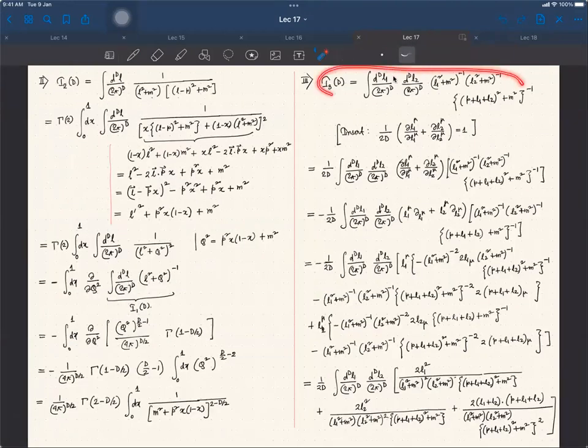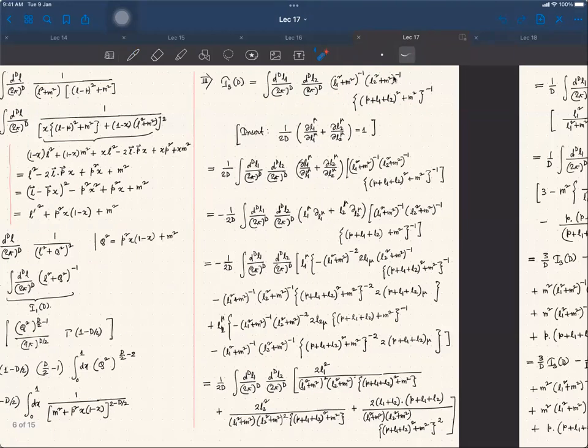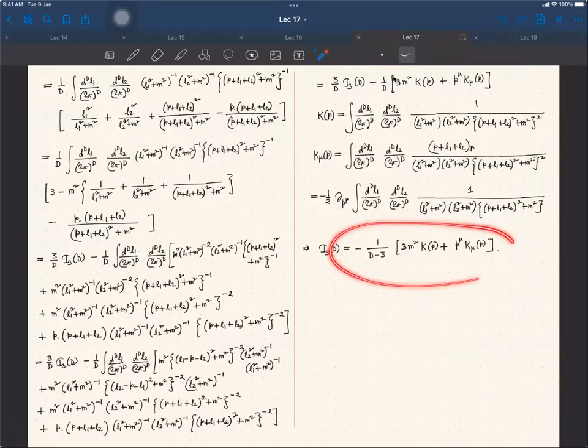This is the definition of I3. This is precisely the integral that we have here. And the result we calculated was given by this, minus 1 over d minus 3 and so on.